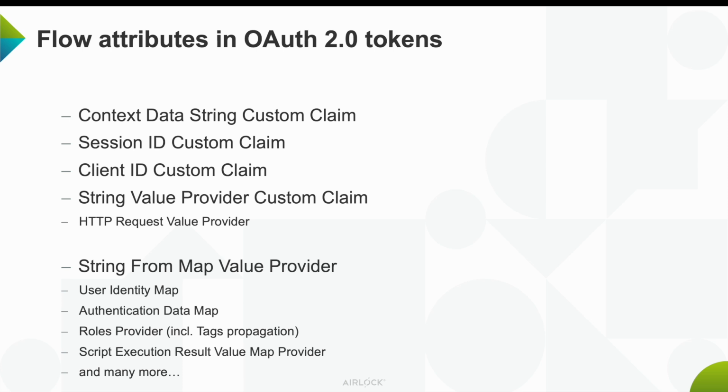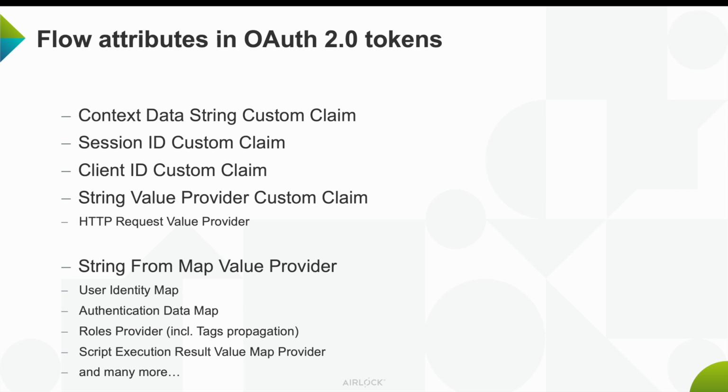And even more important is the string from map value provider, because it allows you to configure maps and take single values from those maps and add them as values into claims. So there's the user identity map, which not only allows you to add the user ID, but also provided user ID and other information.